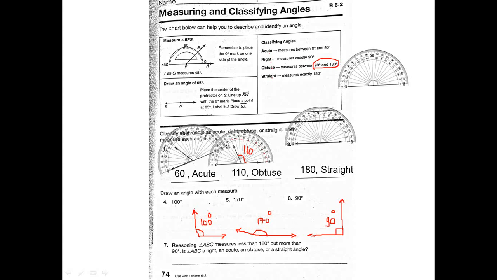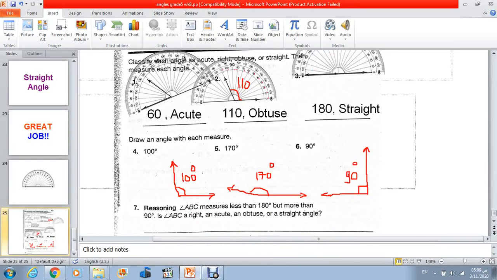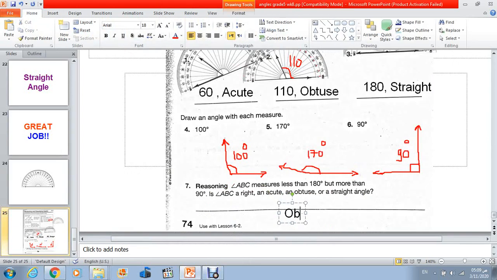It's not straight, but more than 90, so it's not a right angle either, so it is obtuse. It asks you whether ABC is a right, acute, obtuse, or straight angle. Of course, it's an obtuse angle. Okay, very easy.